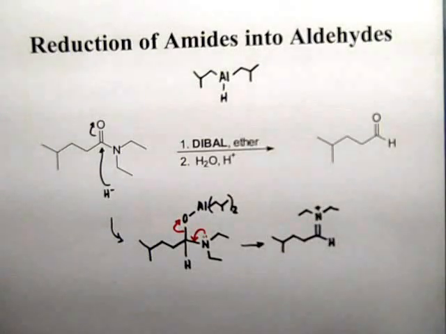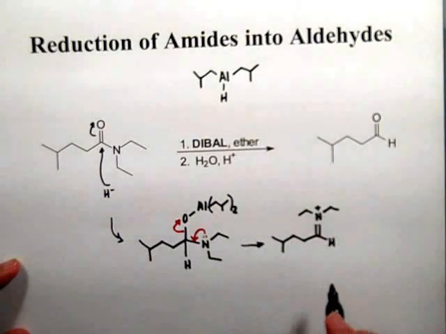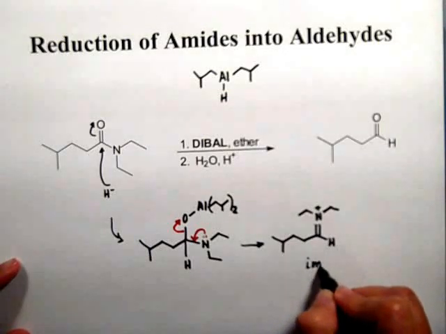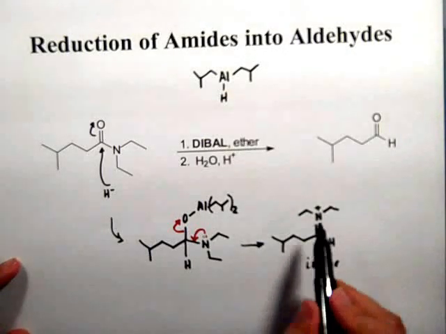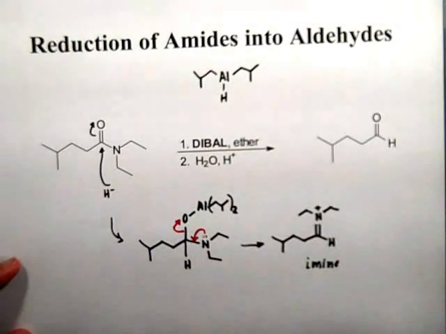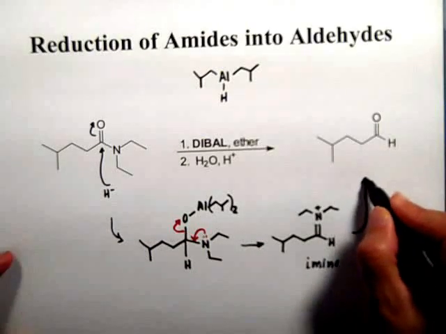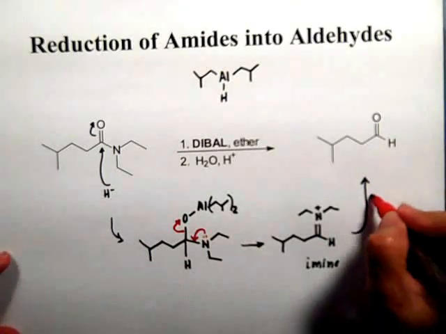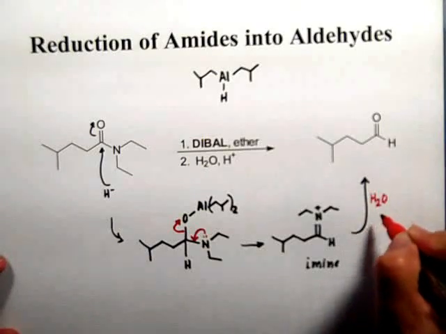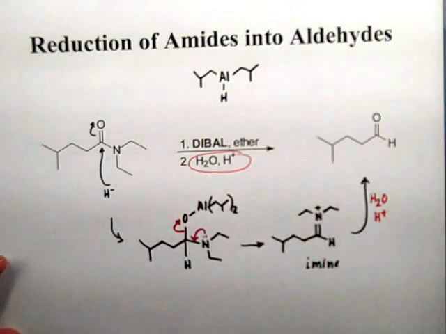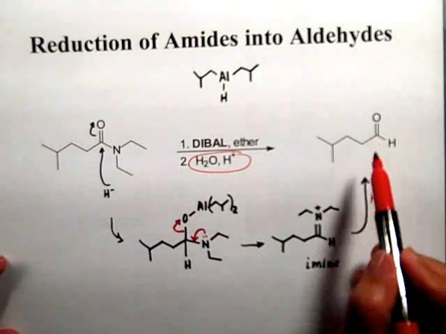Alright, this one right here, carbon-nitrogen double bond, this is an imine. This is a salt of an imine because my nitrogen is positive. But the important reaction right here is that whenever you hydrolyze an imine, so you add your water and you add a little bit of acid, notice, those are workup conditions, we are going to get the carbonyl back.